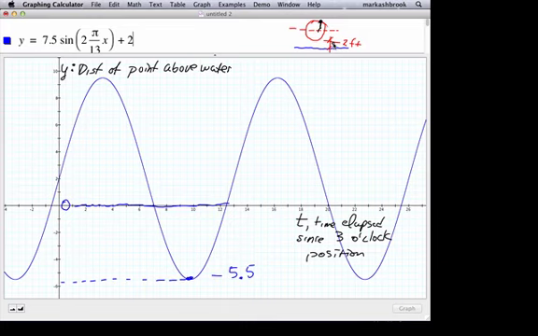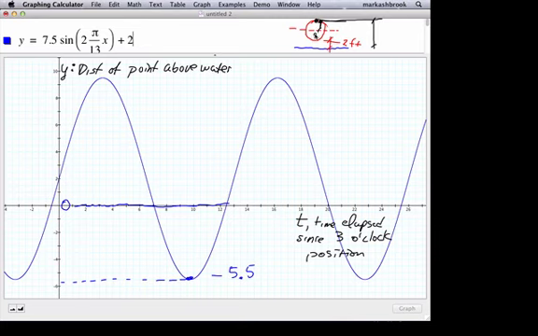So what is the maximum distance above the water that it should get to? 9.5? No, it should be 19. 19? So what's our radius? 7.5.